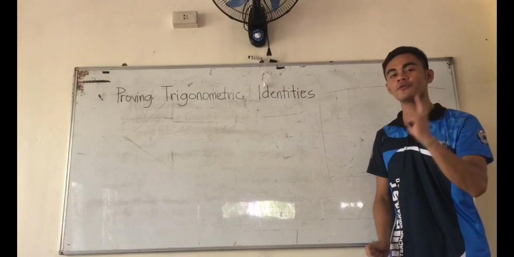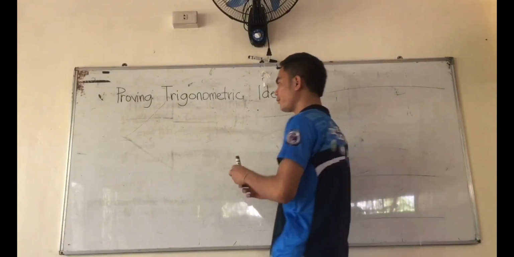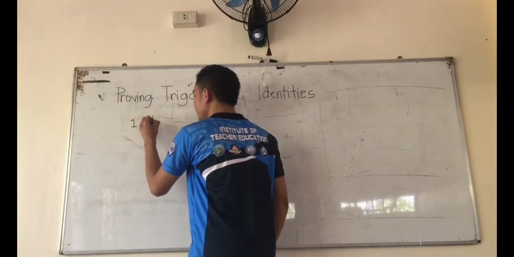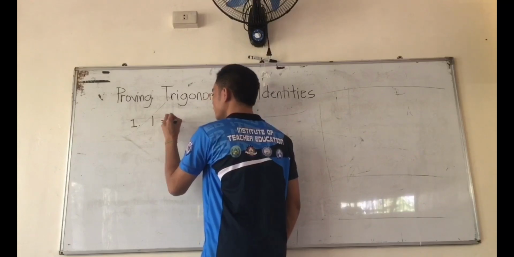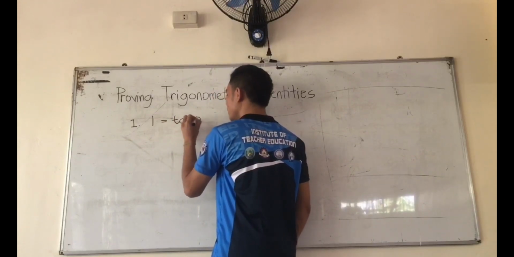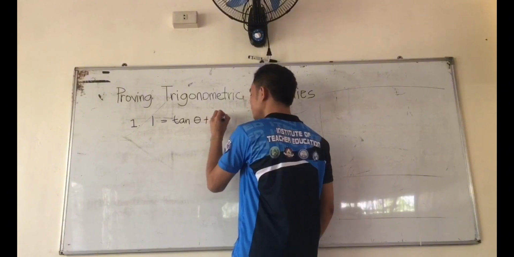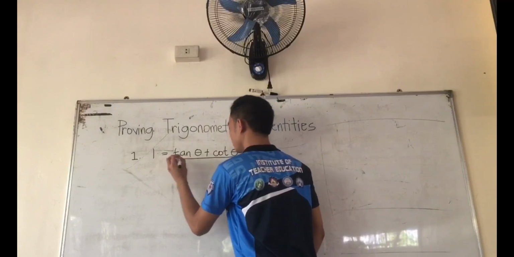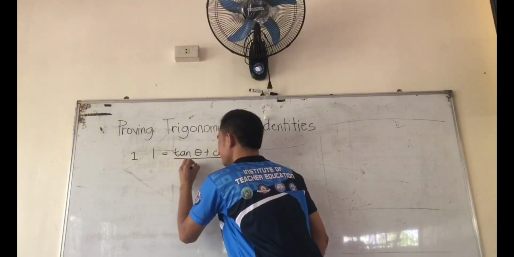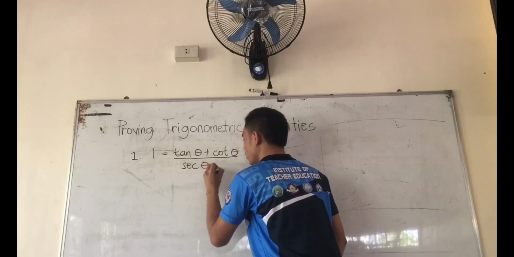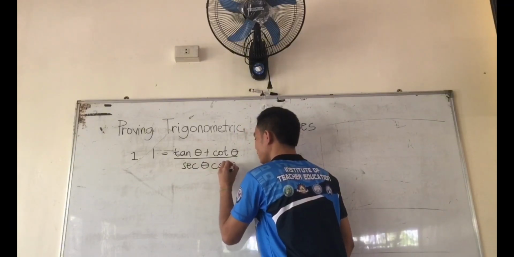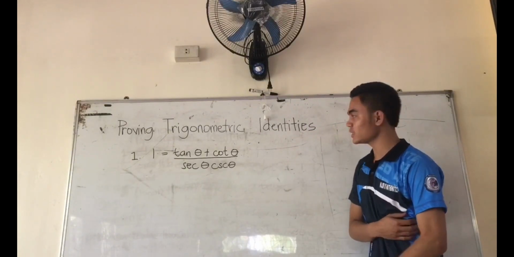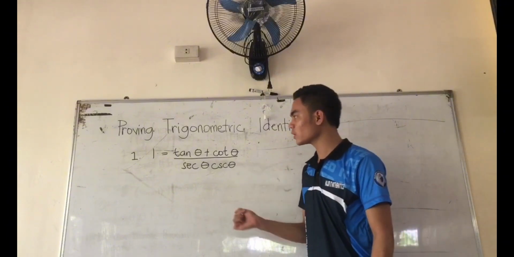So, our first example is 1 is equal to tangent theta plus cotangent theta all over secant theta cosecant theta.